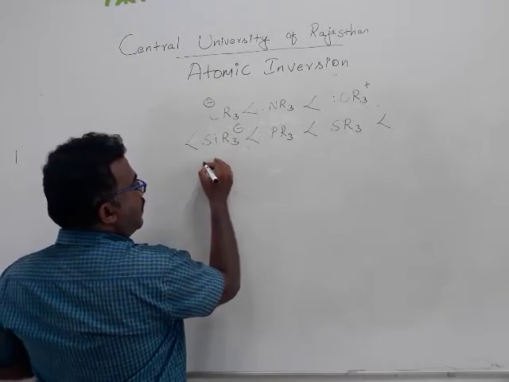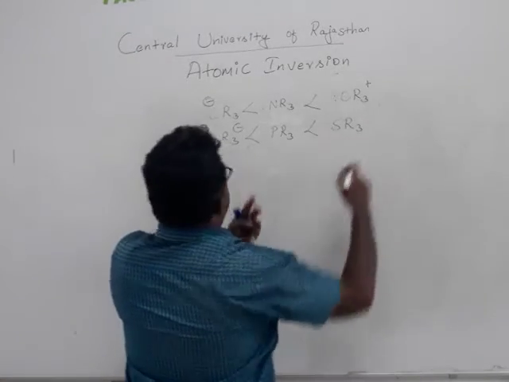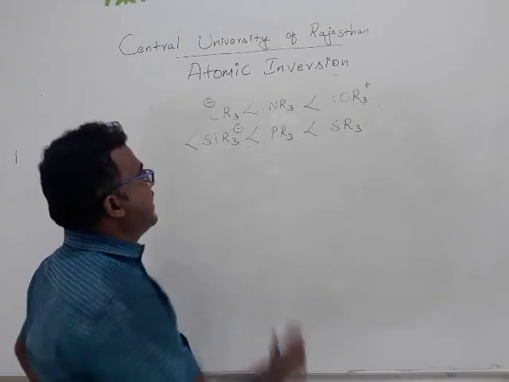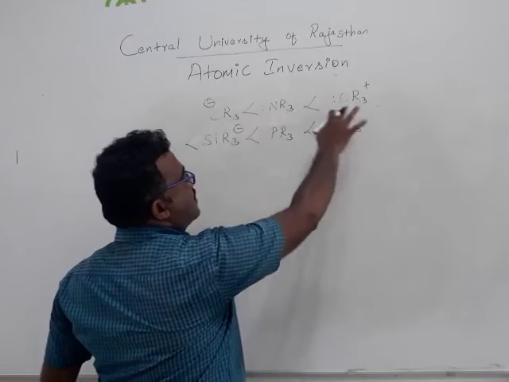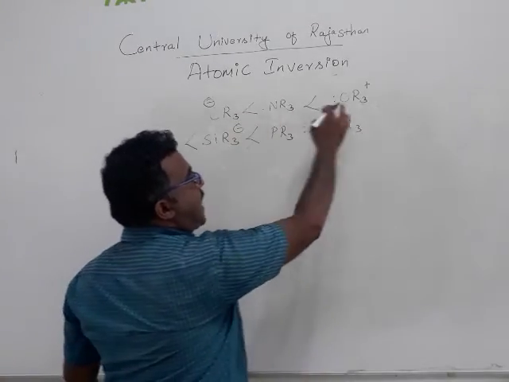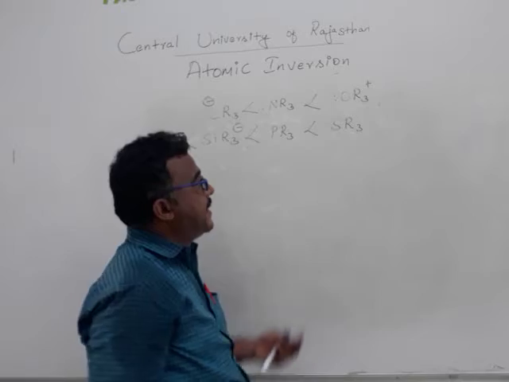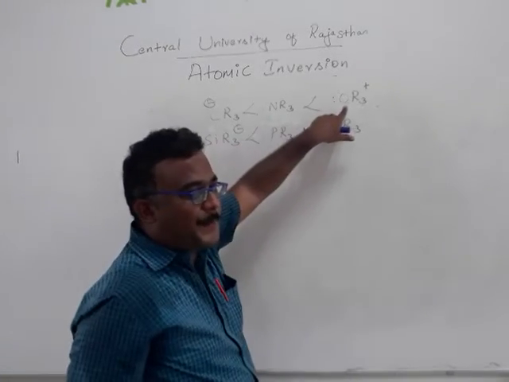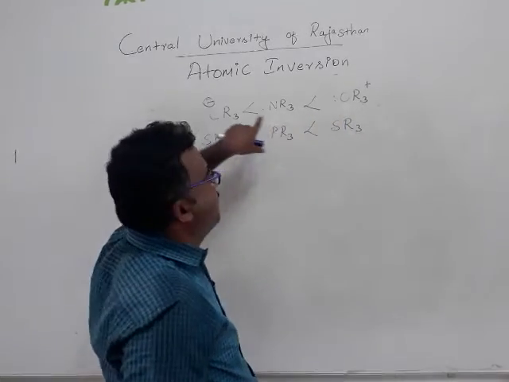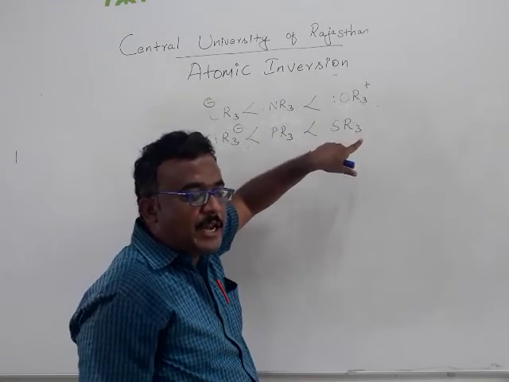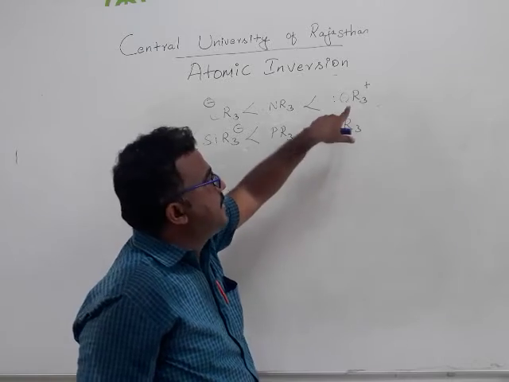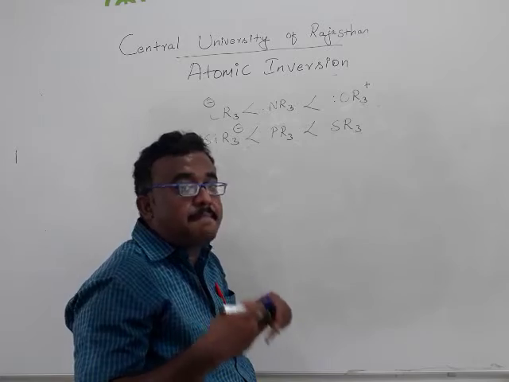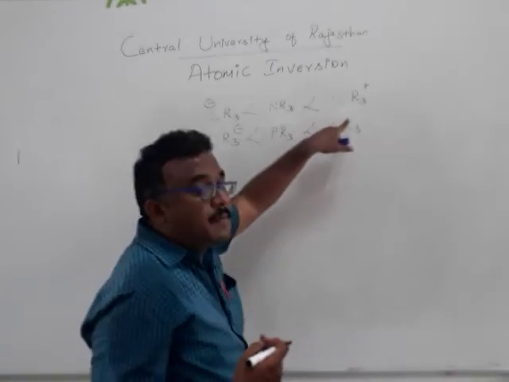So when you go down, the inversion energy barrier increases. These are almost isoelectronic species, and all of them have approximately the same bond angle, because all have pyramidal geometry, so the bond angle will be very close to 107 degrees. Maybe this is exceptional. Even so, the inversion barrier will depend upon the electron pair.